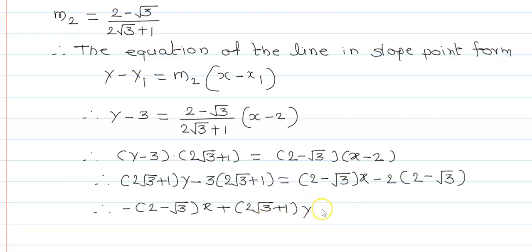Now transfer this constant to the right hand side, that is minus, that will become plus 2 root 3 plus 1 minus 2 in bracket 2 minus root 3.